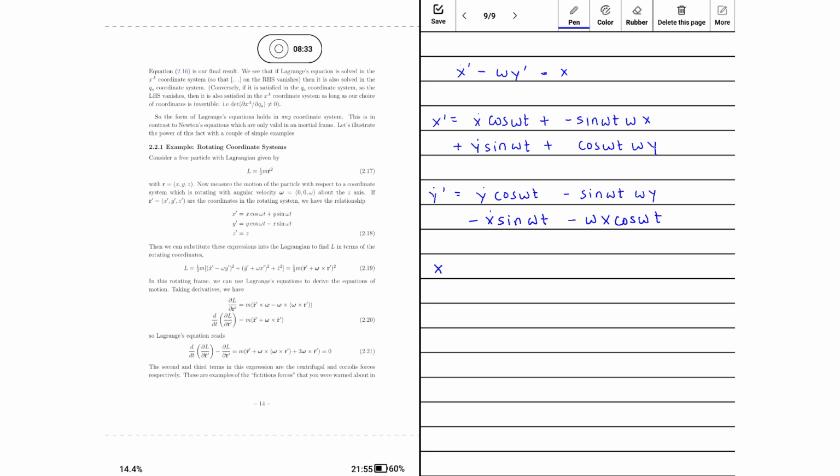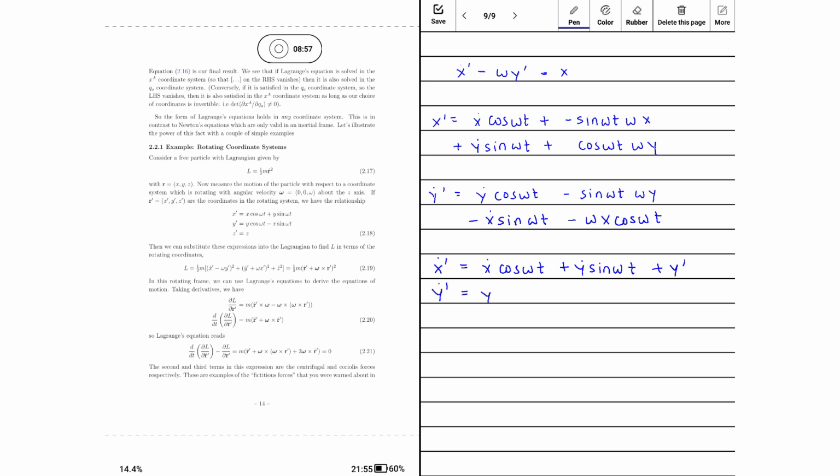So basically then it reduces to x dot cos omega t plus y dot sine omega t plus y dash.